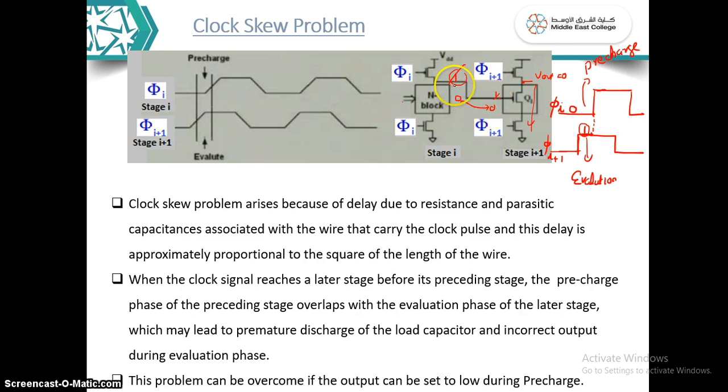Instead of 1 in the precharge phase, you keep your output low. This will not happen. So always connect the stage 1 output with an inverter, and that is what happens in the dynamic domino gate. So the domino CMOS gate will overcome the clock skew problem.